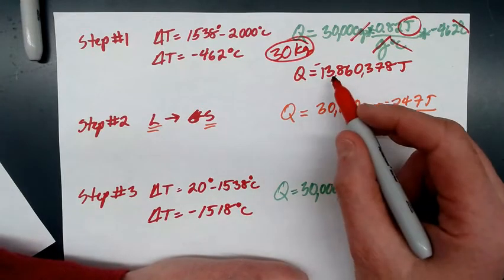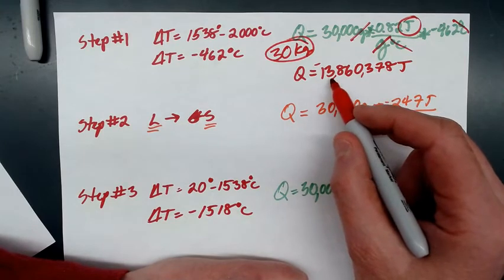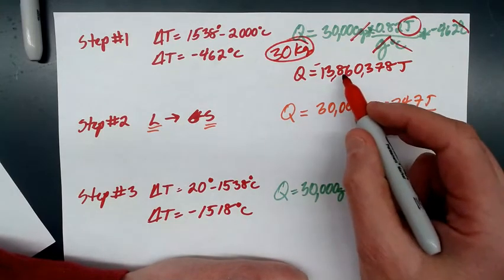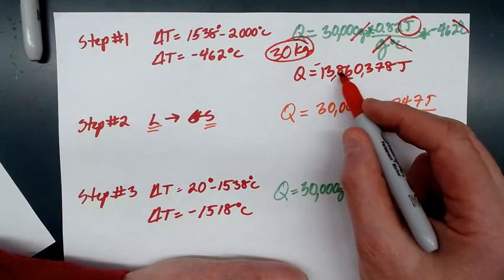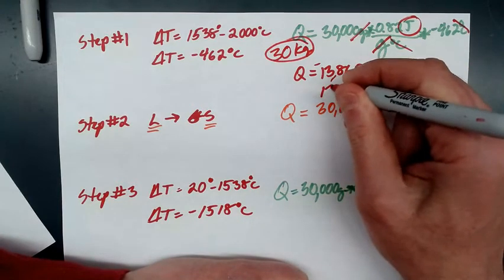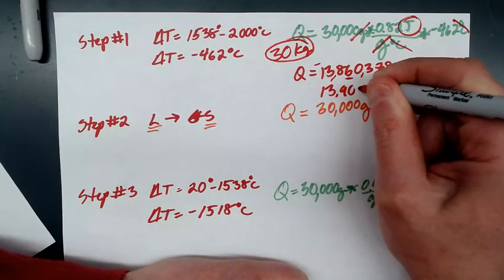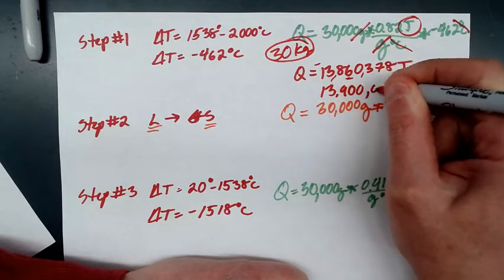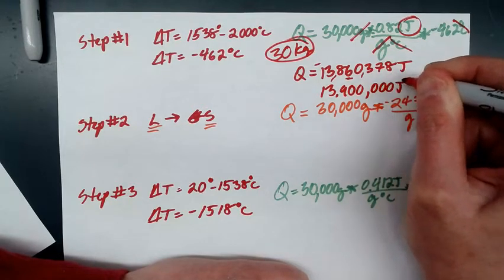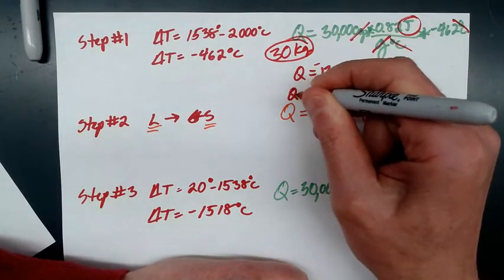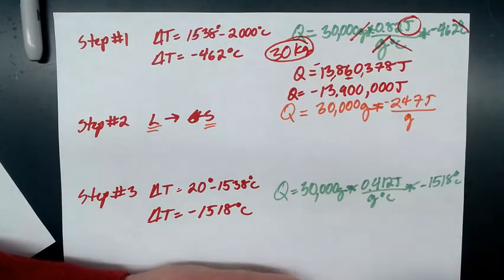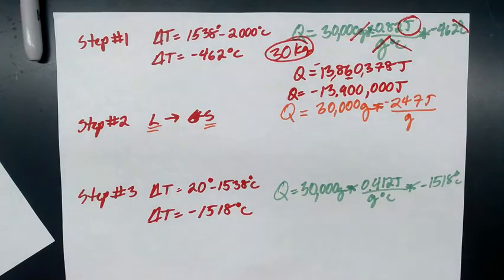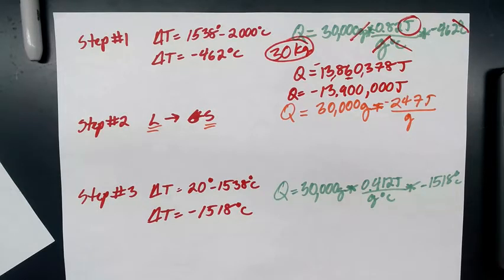So I could go negative 13,800,000. In this case, that 6 would round up to 13,900,000 joules, and that's a negative Q. So if you want to go 14, you can, or if in this case you want to go 13,900,000 joules.